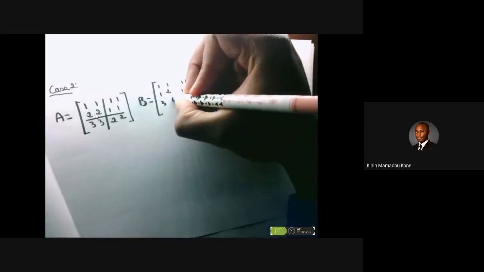Then the matrix B, as we all know, is this one: one, one, one, two, one, one, one, one, three, one, three, two, one, one, one, two. If we do the multiplication, in the end we get the same result.